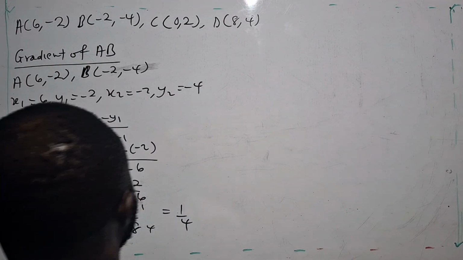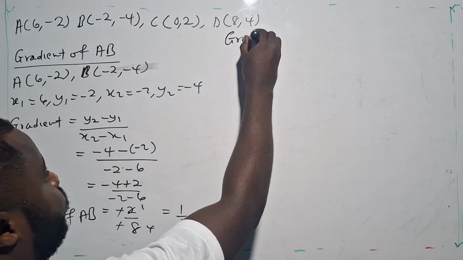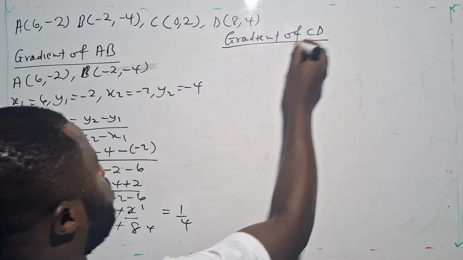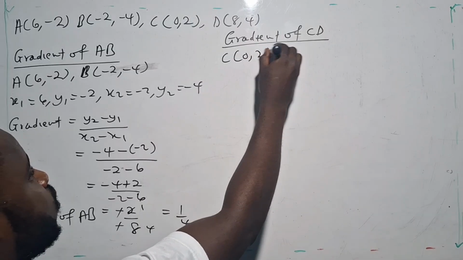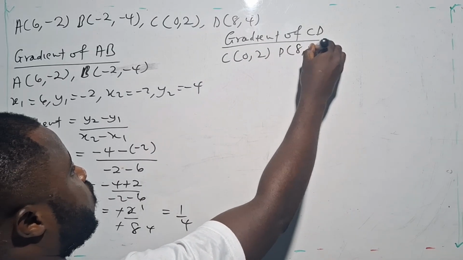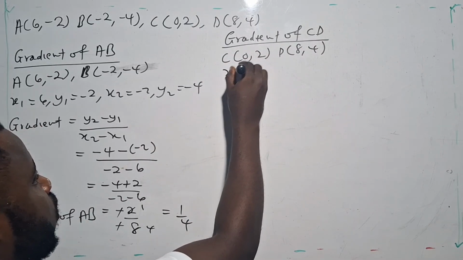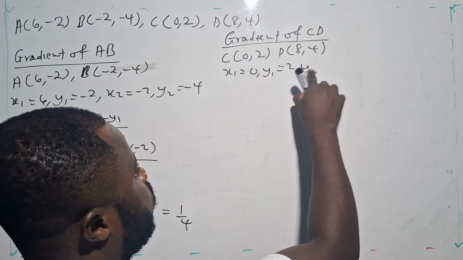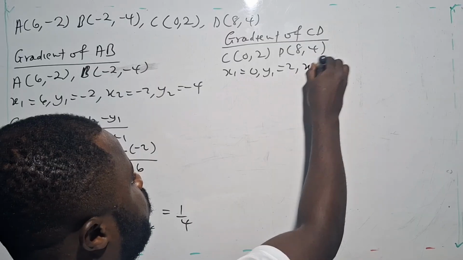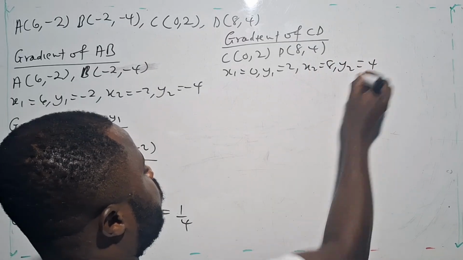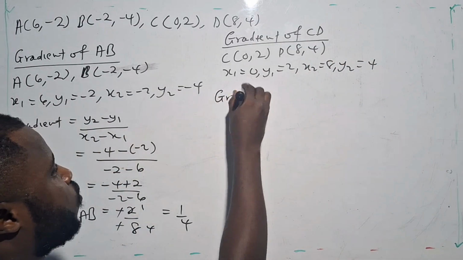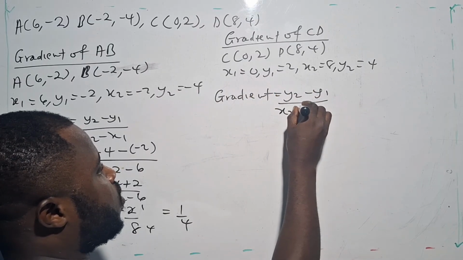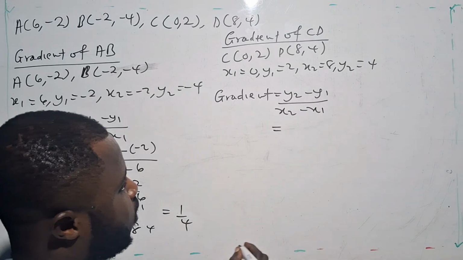Let's find the gradient of CD. C is (0, 2) and D is (8, 4). So x1 is 0, y1 is 2, x2 is 8, y2 is 4. The gradient is y2 minus y1 over x2 minus x1.